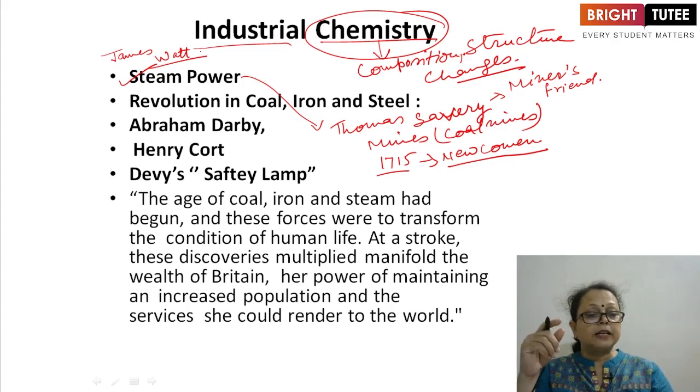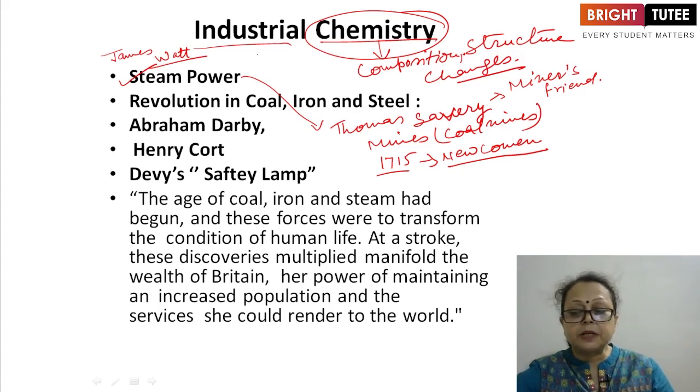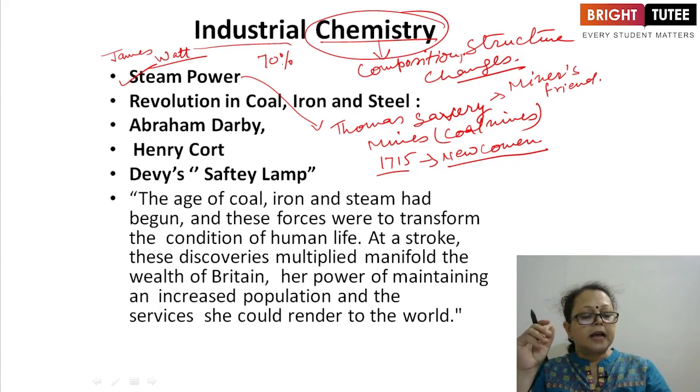Of the entire European continent, 70% of steam power was generated by Britain only. So this was the importance of steam power. Three inventors were there: first Thomas Savery, second Newcomen, and finally James Watt.